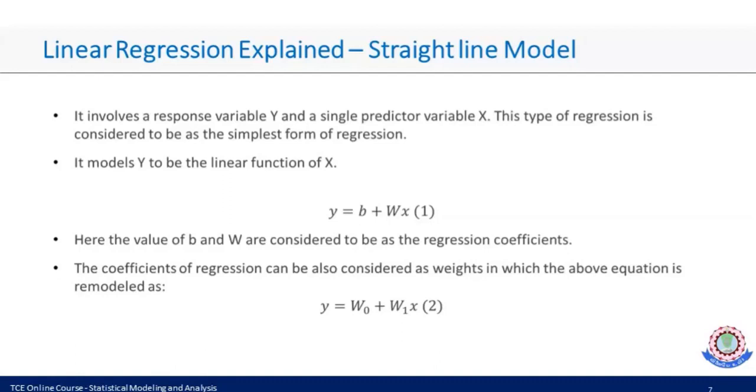At certain stages, while evaluating models, the regression coefficients w and b can be considered as the weights, such as w0 and w1 respectively.